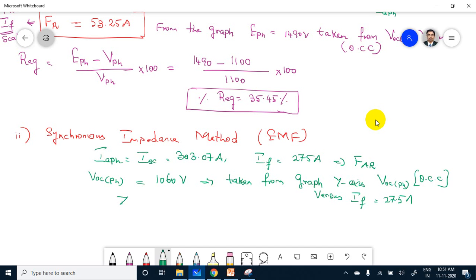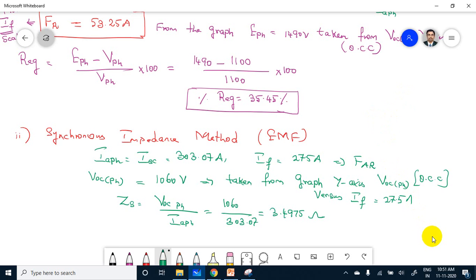Now ZS is equal to VOC phase divided by IA phase. VOC phase will be 1060 divided by IA phase, 303.07. It is 3.4975 ohms.